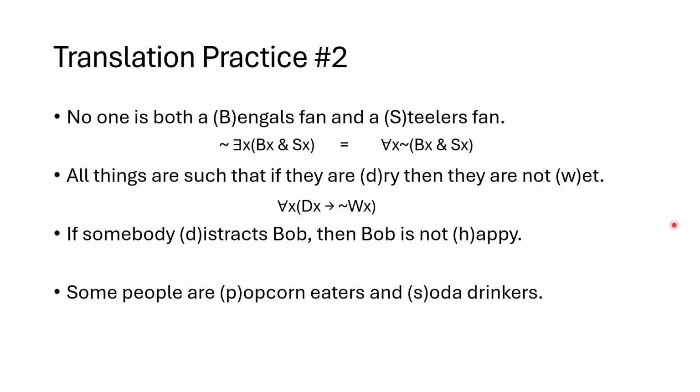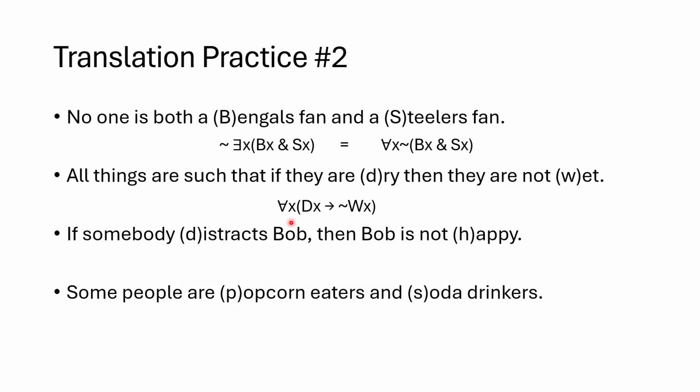So what does this look like? Universal quantifier again, because we have all things are such. And then the scope of this statement is that this variable should pick out the same individual. So x is the same individual such that if they are dry, then they are not wet.